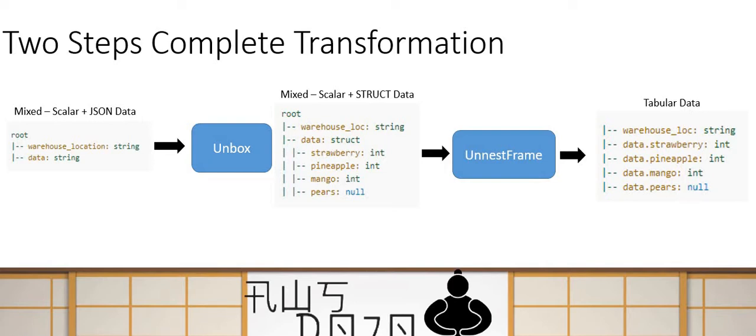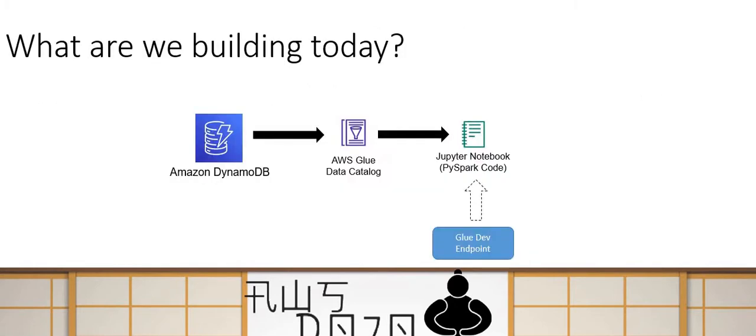Now, that's pretty much what we need to do today, and it's not going to be a very long tutorial. What we are going to build today, and I will show this whole thing in action, is this: I have an Amazon DynamoDB table where I have created some mixed data, scalar and JSON document together.